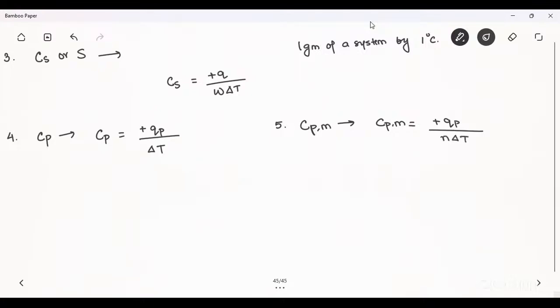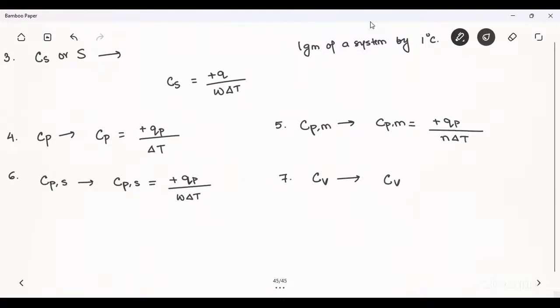Next is CPS. It is specific heat capacity at a constant pressure. So CPS is plus QP divided by W del T. Next, CV is heat capacity at a constant volume.